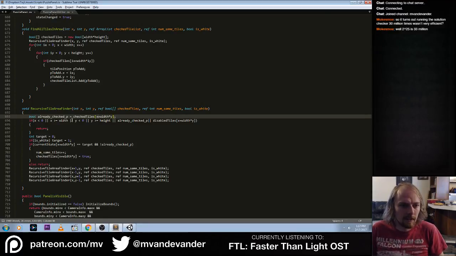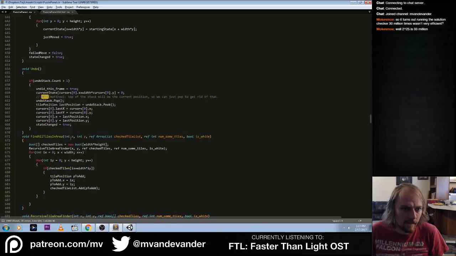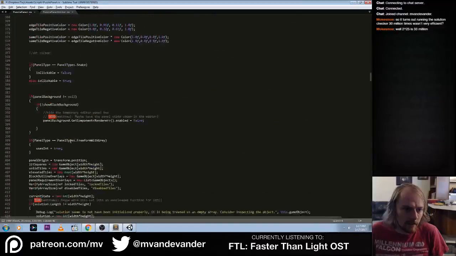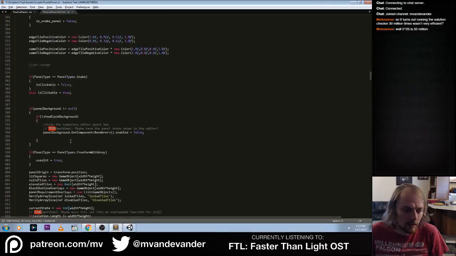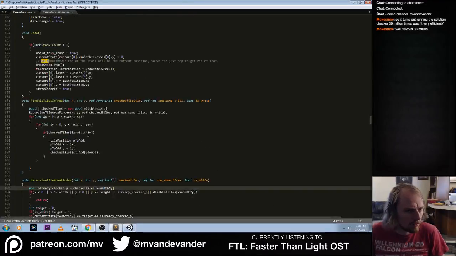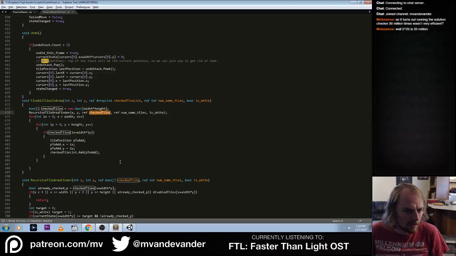I don't understand. When I create the arrays here, I do it as a new bool width times height, so that's getting passed in here.